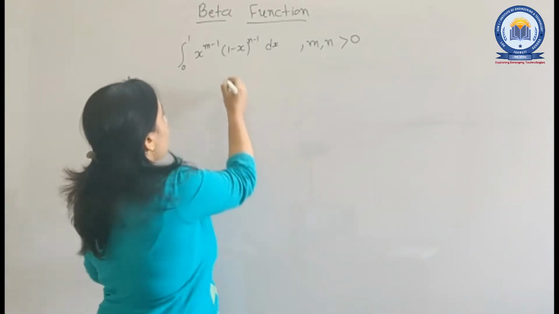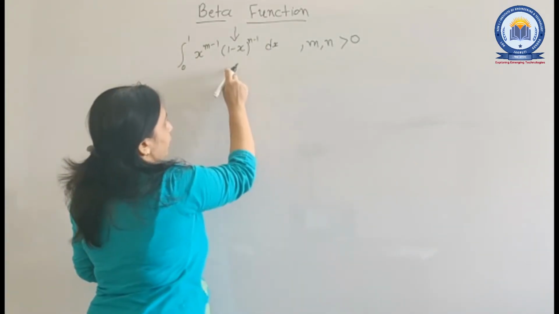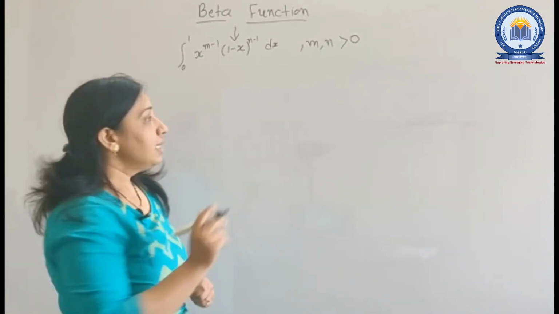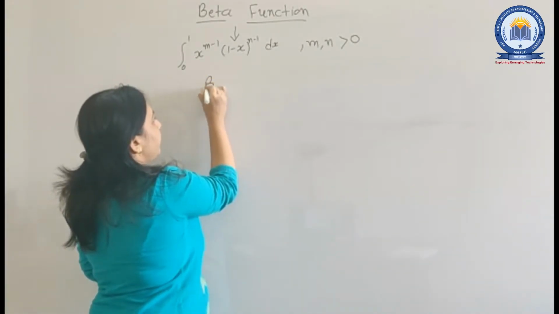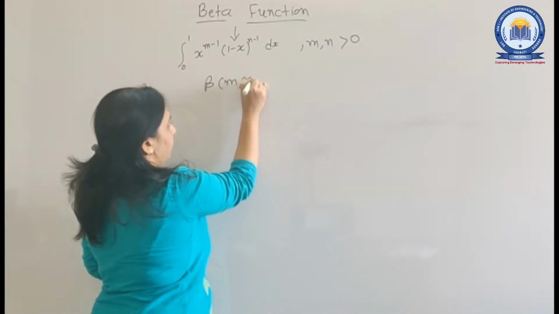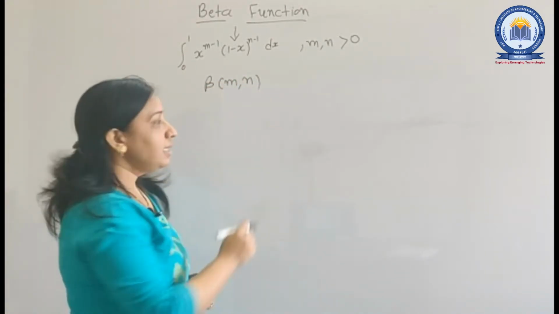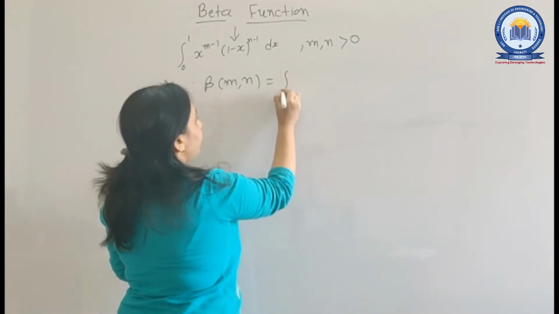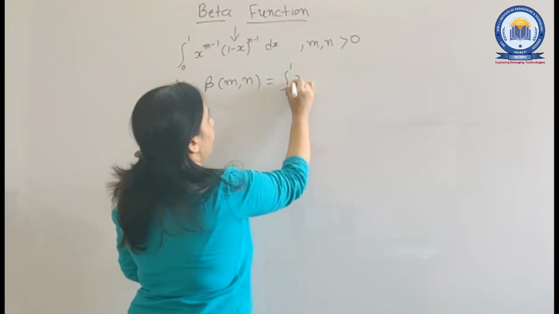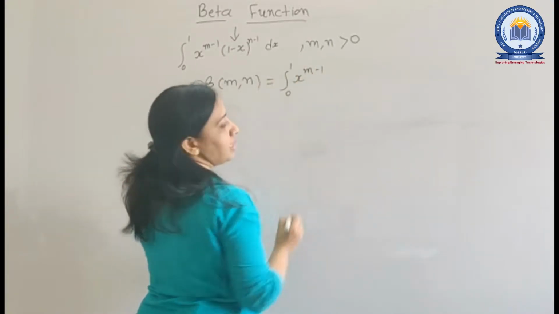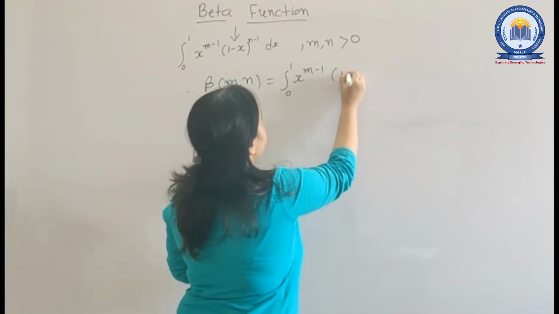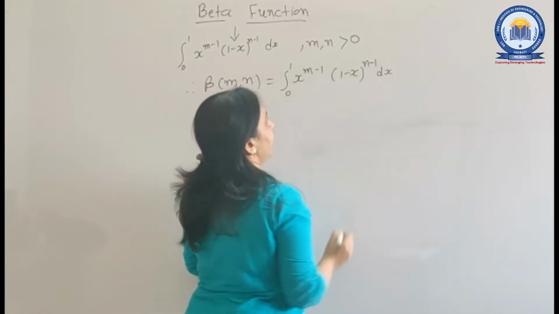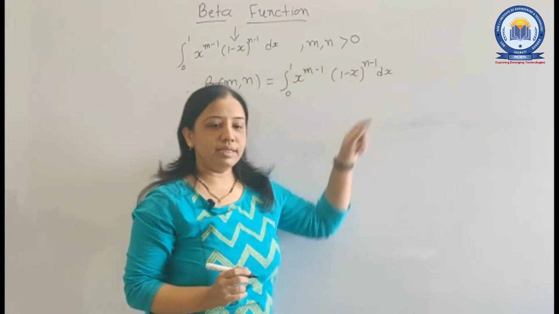So this is called a beta function for these variables. It can be denoted by beta(m,n). So we can write that beta(m,n) equals integration 0 to 1 x raised to m minus 1 into 1 minus x raised to n minus 1 dx for m, n greater than 0.